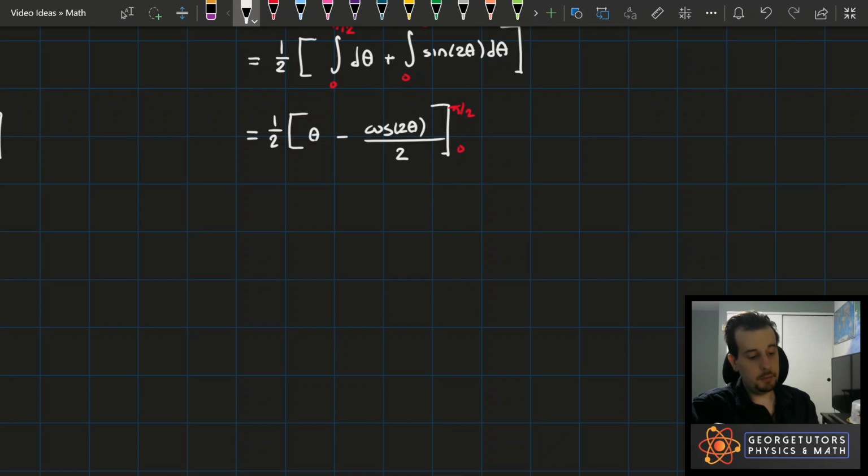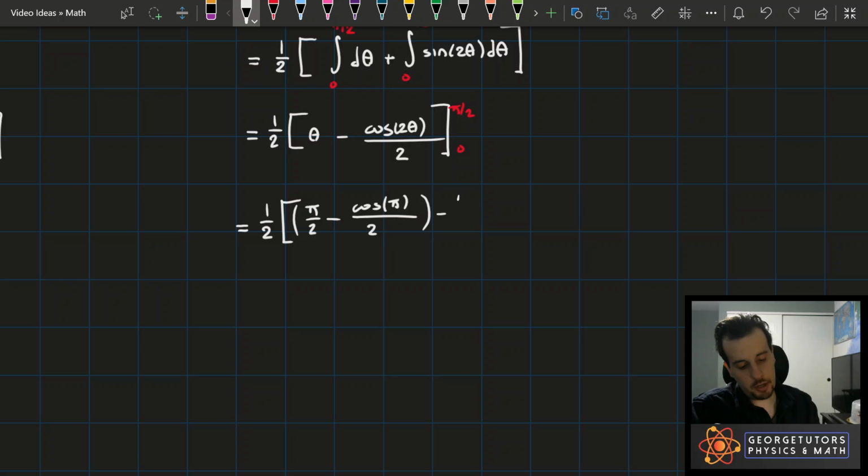Now it's time we plug in the bounds, and we get ourselves 1/2 pi over 2 for the first bound in the first position, minus cos of pi divided by 2. Okay, and then we take away 0 as this comes in, and then minus cos of 0 over 2.